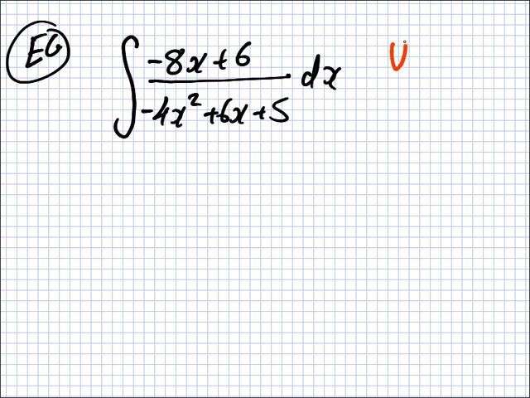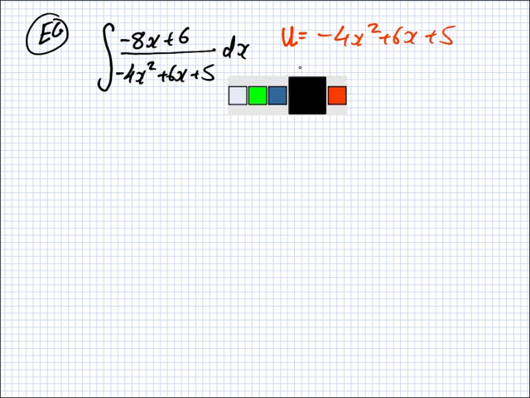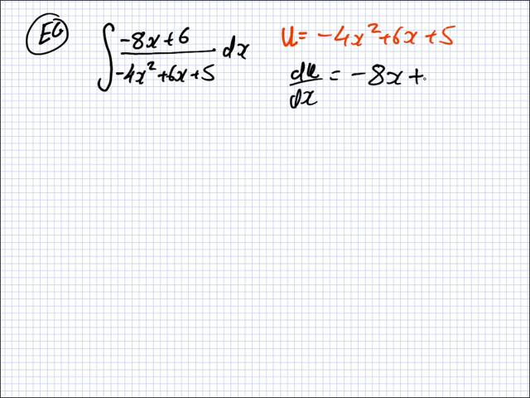You just make u equal to minus 4x squared plus 6x plus 5. So that means du dx equals minus 8x plus 6.